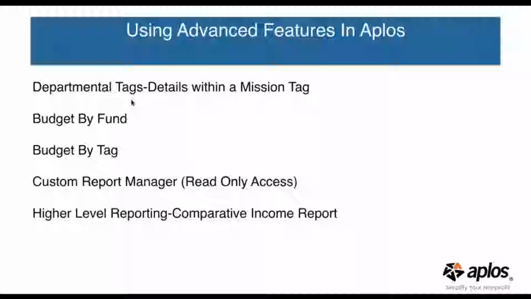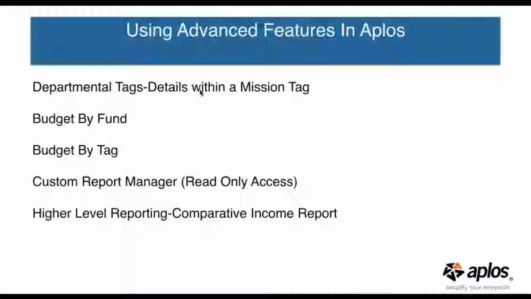But a few additional things you can do in Advanced that you can't do in the other one: you can do departmental tags, meaning that you can do details within a mission tag. Let me clarify that because it can get a little confusing. With custom tags that we already explained, you can tag something within a fund. With departmental tags, you can do very specific tracking.